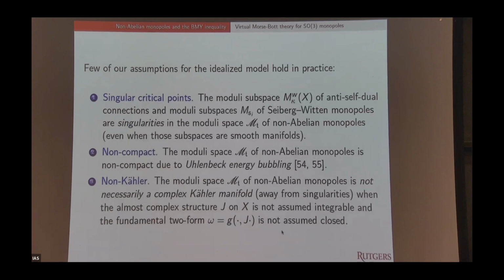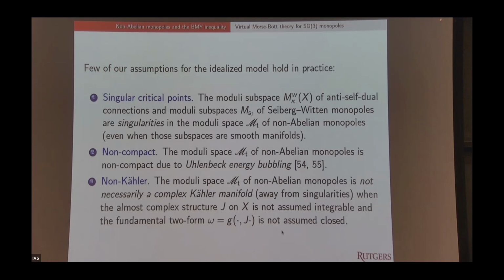Okay, so I made a bunch of assumptions here just to get across the idea. One is that the critical points have nice critical submanifolds which are themselves embedded smooth submanifolds, and in fact in practice they're not.